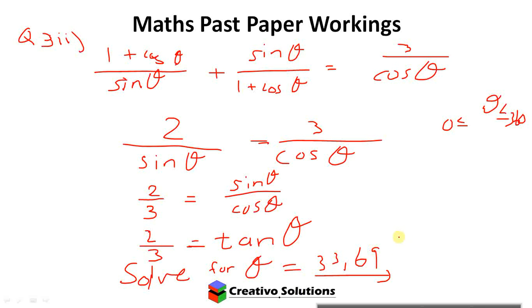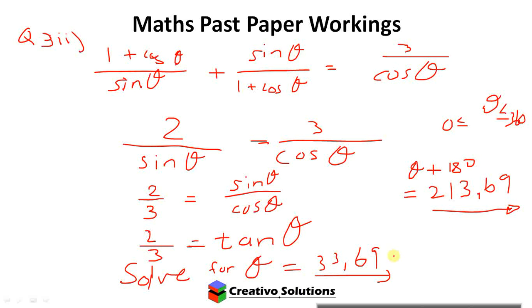If I add 180 to it, so theta plus 180 is going to give me 213.69. 213.69 is between 0 and 360. So those are the two answers.